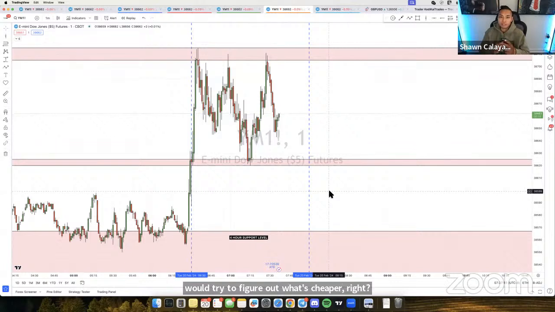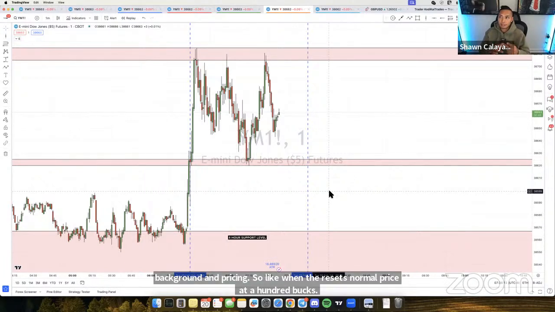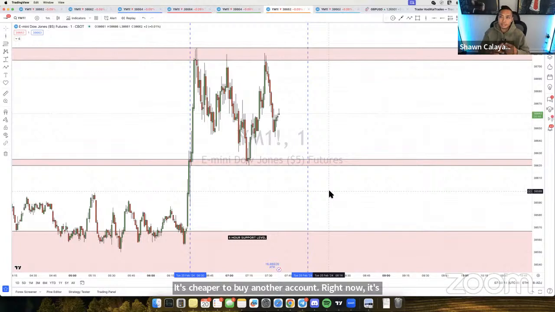Right now, I think it costs more to buy a brand new account, because it's like $90 with 71% off. So if it's cheaper to buy another account, Vince, then you probably should buy another account. I don't know what account size you're using, but just factor in the pricing. When the reset's normal price is $100, it's cheaper to buy another account. Right now, it's cheaper to get a reset because it's half off, which is $50. So whatever's cheaper, that's the gotcha.